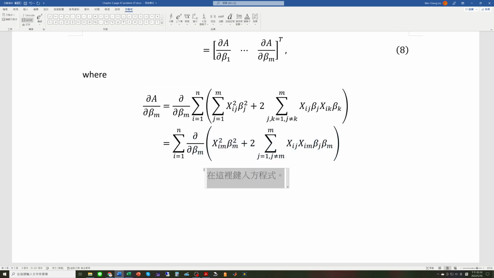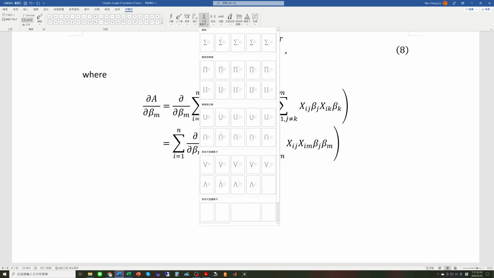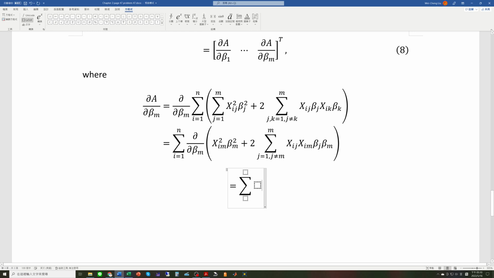So next it is equal to summation i is equal to 1 to n, and take the partial derivative with respect to beta m. So this term becomes xim squared times 2 beta m.